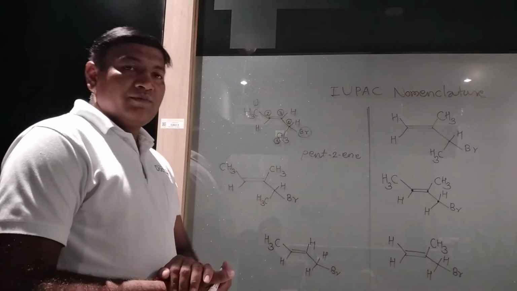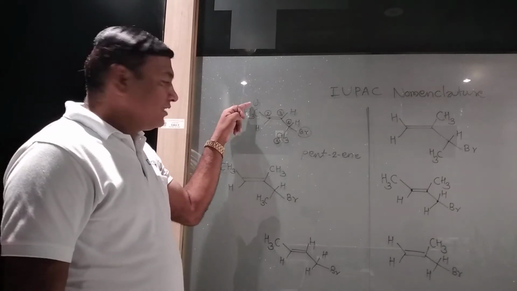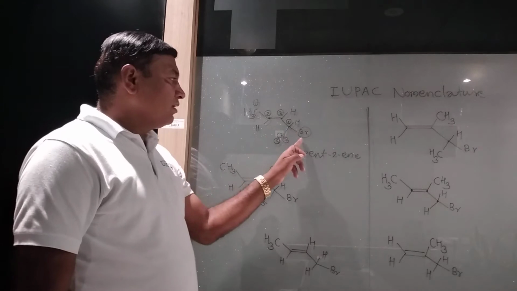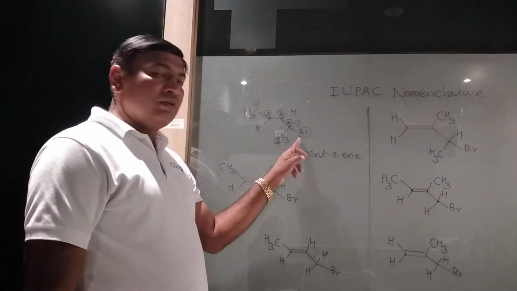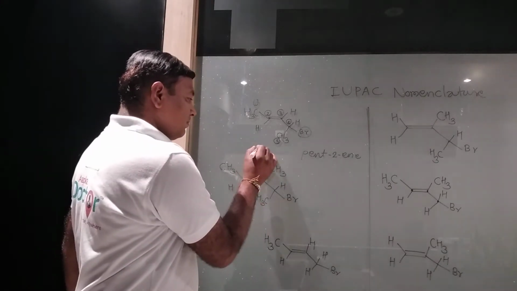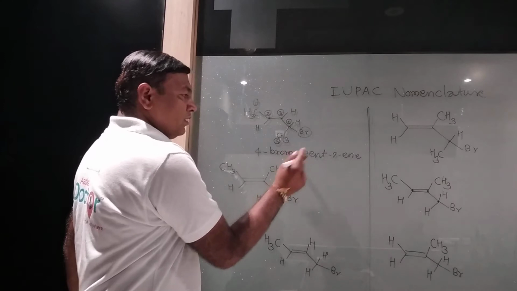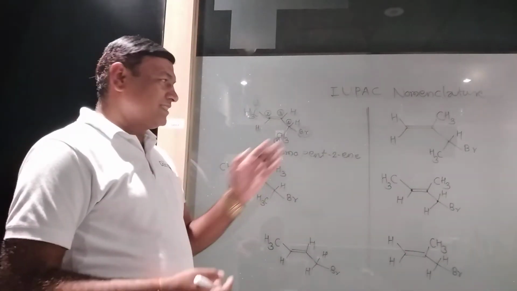Then we have to think about the substituent. At 1 there is no substituent, 2 hydrogen, 3 hydrogen, and at 4 bromine is there. So we write 4-bromopent-2-ene. This is the IUPAC nomenclature of this compound.